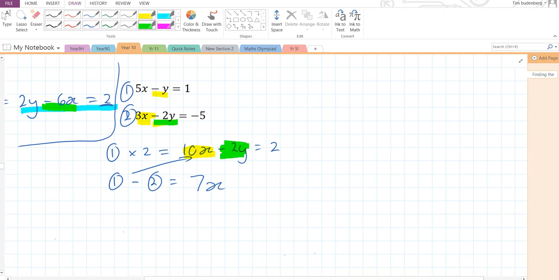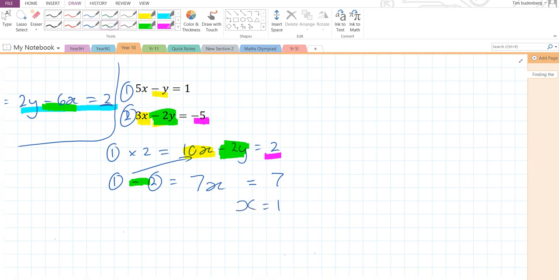Negative 2y minus negative 2y becomes negative 2y plus 2y, which is 0, and that is equal to 2 minus negative 5, which is 7. So x is equal to 1.